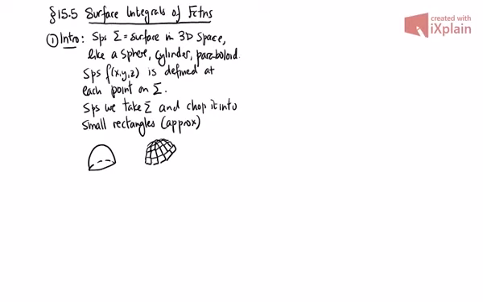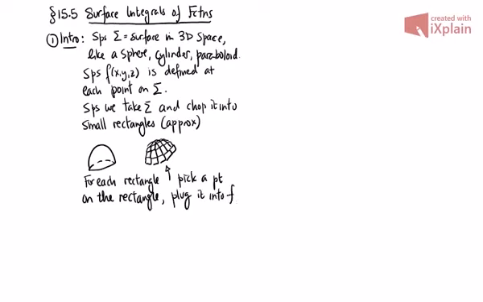And then what we'll do is, for each piece, for each rectangle in this new picture, pick a point on the rectangle, plug it into f, and multiply that value by the area of the rectangle.